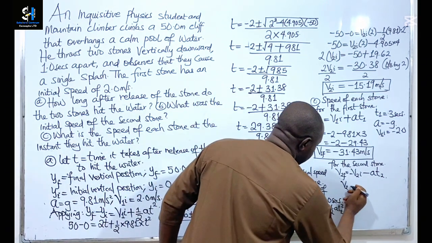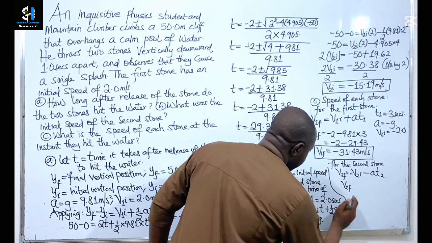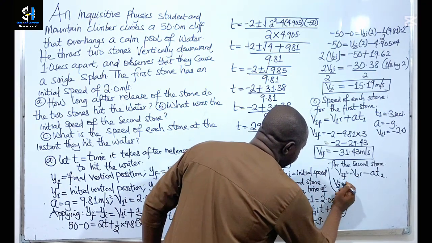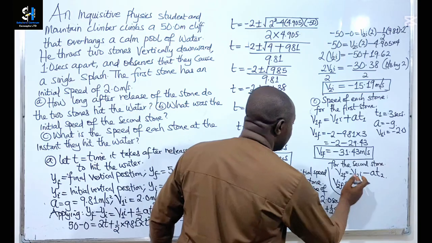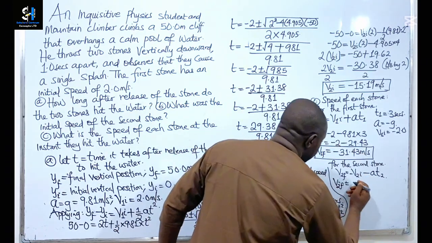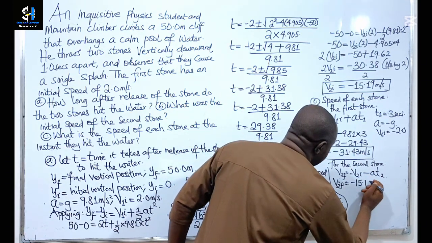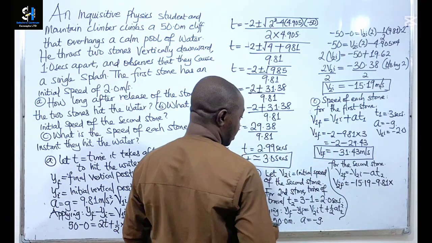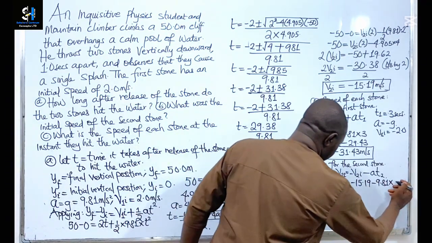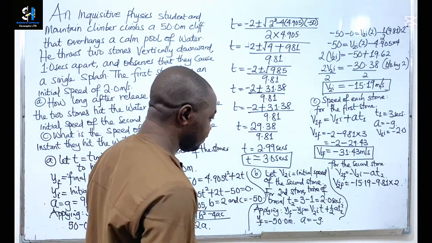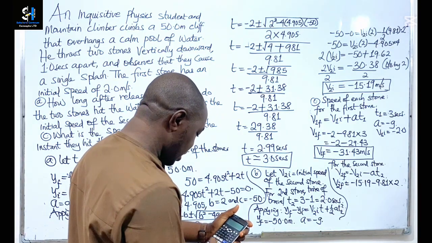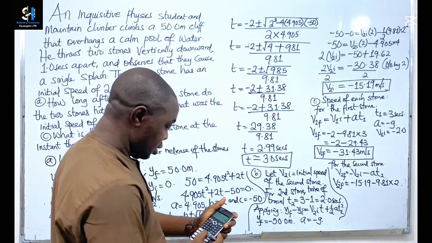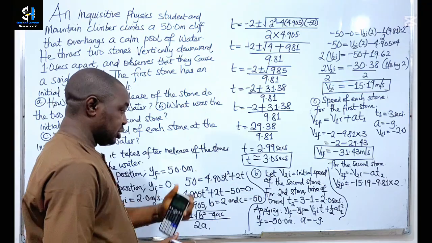So the initial speed is what we calculated here, -15.19, then minus 9.81 multiplied by 2. When we multiply 9.81 by 2, that will be 19.62.